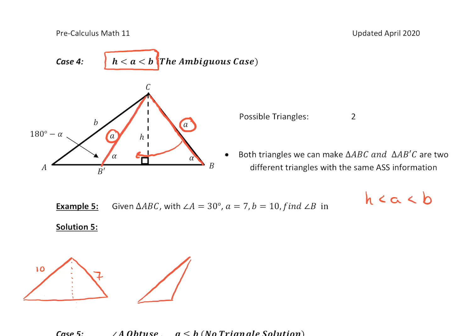So the second triangle that gets created is this thing here. That's the second triangle, and the first triangle is this one. So you need to solve for both of them. I'll go green down here because this is the first triangle, and then this is the second triangle that also gets created. So two triangles are possible.